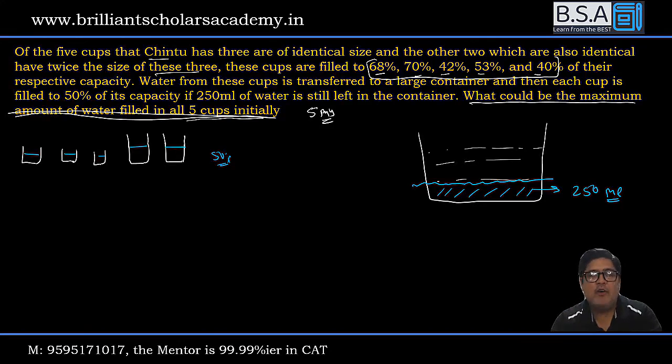The remaining water there on the right side now is 250 ml. So the question is, what is maximum capacity of these containers? Right.